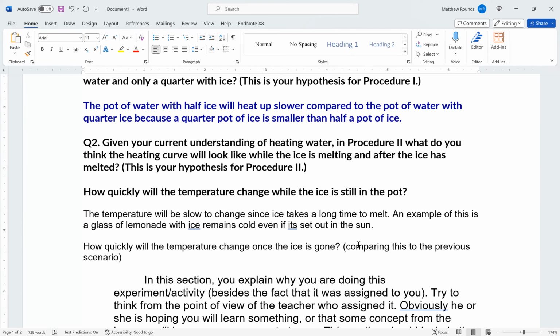I think the temperature will start to go up the moment the ice melts. We know it's going to go up, but how quickly will it go up? Slowly. You just said slowly for the previous one. Is it going to be faster or slower than the previous one? You're trying to make a comparison to that.